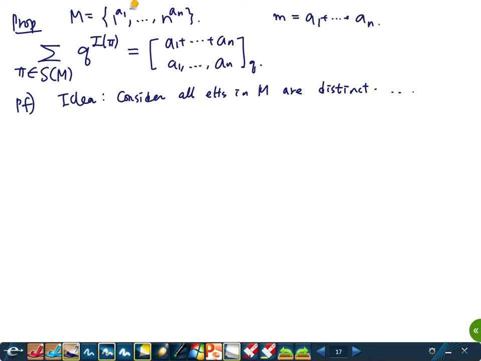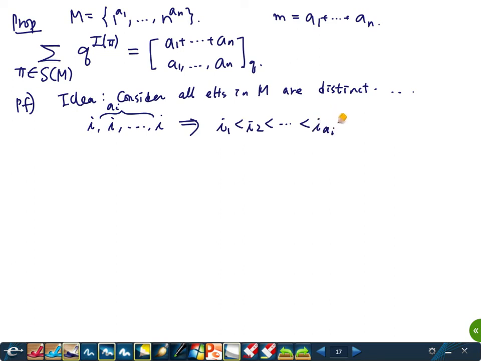So let's define, because for each i, we have a_i i's, like in M, we have i. So just rename them like this, i_1, i_2, but we need an ordering of these letters because we are talking about inversions.